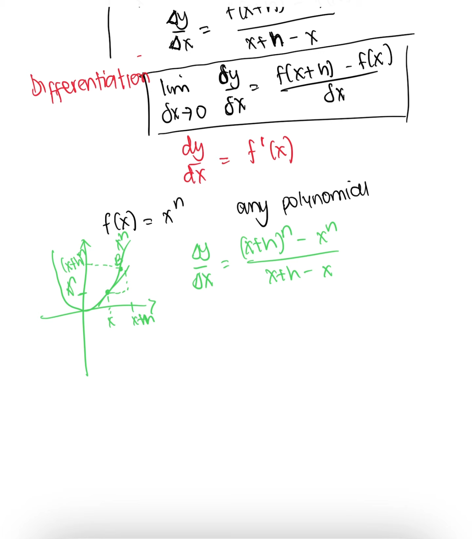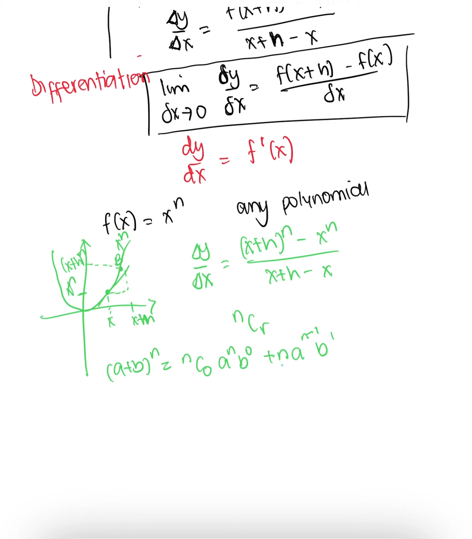Well, if you look at the terms in the polynomial, remember we have in the binomial, in the Pascal's triangle, remember n choose r, right? So here we can just write this as, remember we had a plus b in that video, to the power of n equals n choose 0, a to the power of n, b to the power of 0, plus n, a to the n minus 1, b to the power of 1.